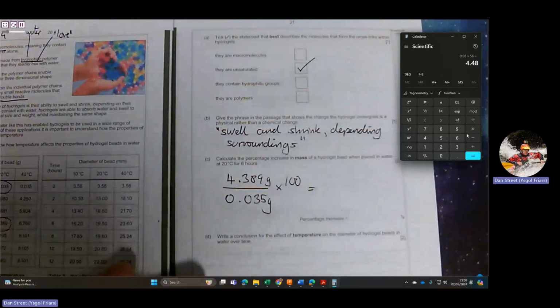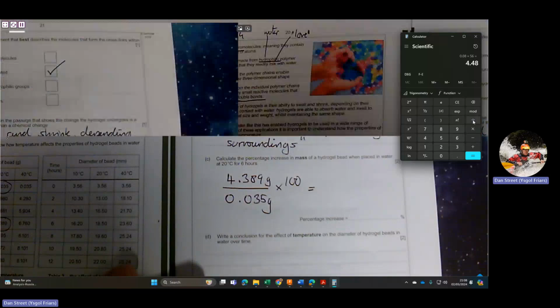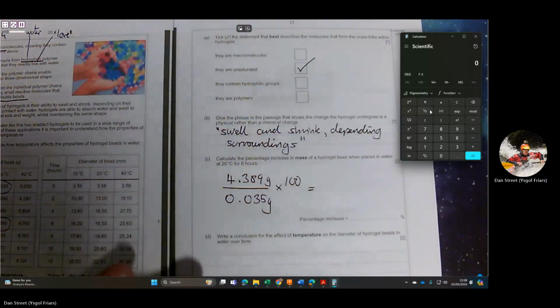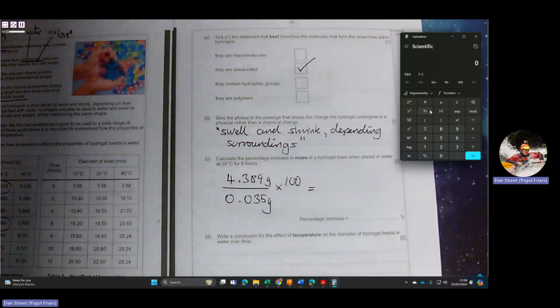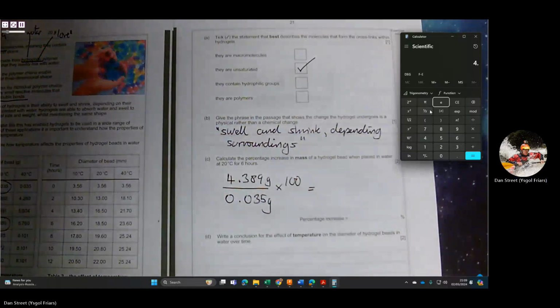Okay, so we'll refer to our trusty calculator. So 4.389 divided by 0.035 times 100.